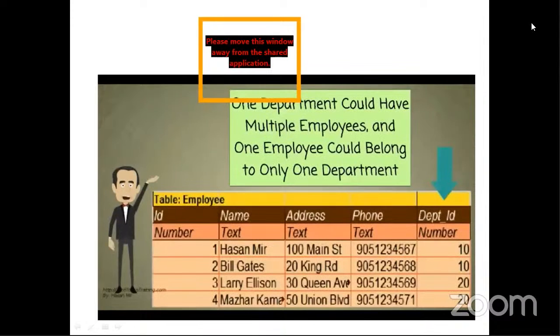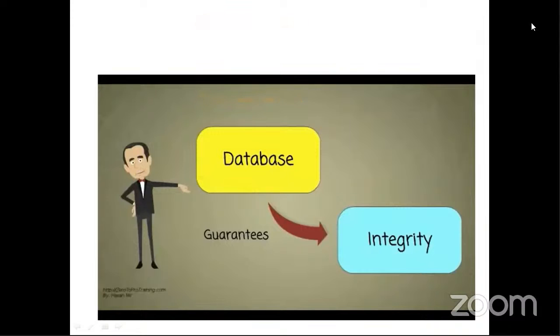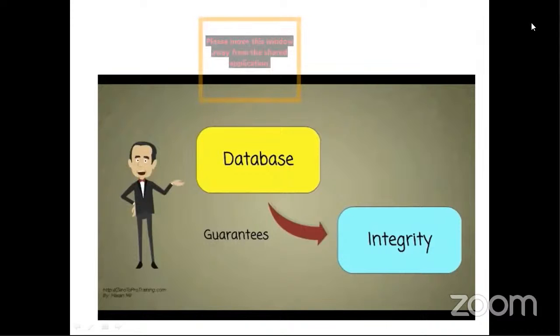One department could have multiple employees, and one employee could belong to only one department. Once a foreign key is created, the database will make sure that only those values get into the Department ID column of the Employee table that exist in the ID column of the Department table. This is to maintain data integrity.